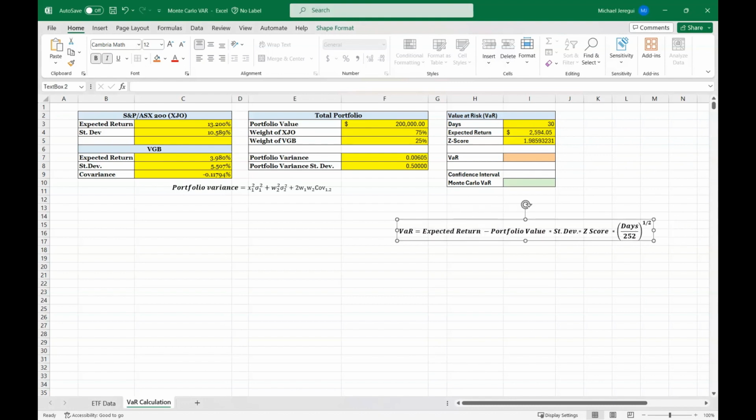I put the formula for VaR down here, which we'll say is equal to the expected minus the portfolio value multiplied by the portfolio standard deviation multiplied by the z-score and multiplied by the number of days in the period divided by 252 trading days. Then we put in the exponent of 0.5 because we need to take the square root of that time period.